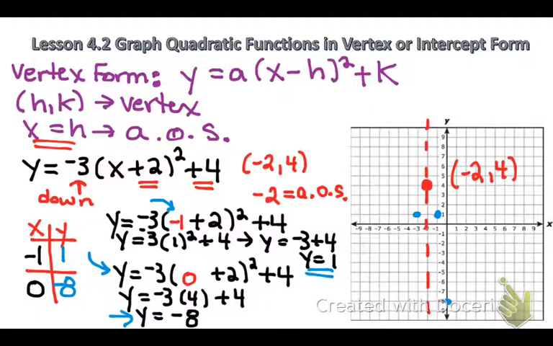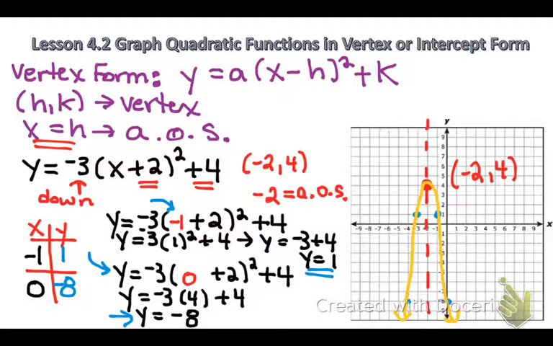And down here we went over 2, so I could go over 2 to the left. And then we connect our points. It's a little crooked, but that's our graph. So that's graphing using vertex form.